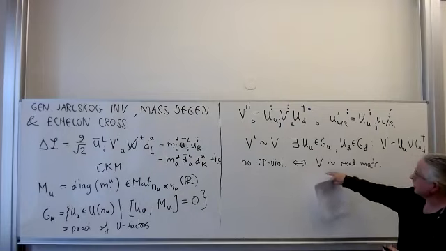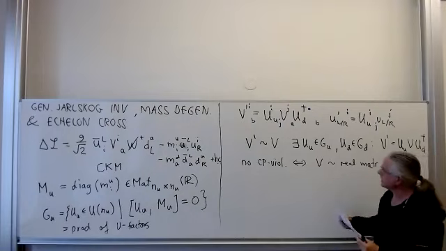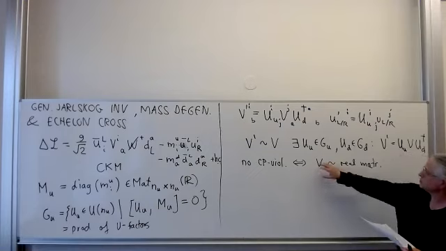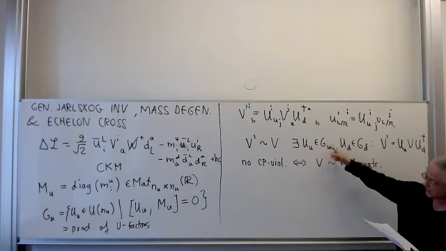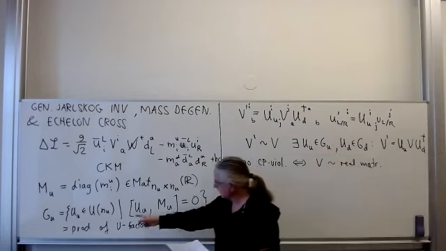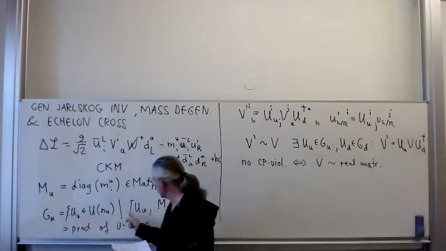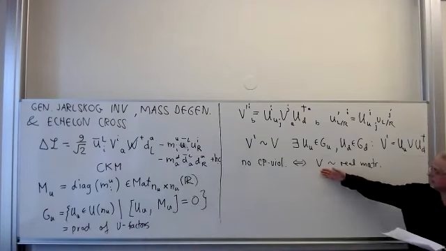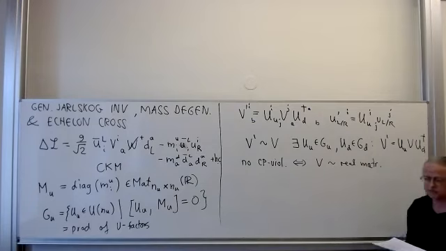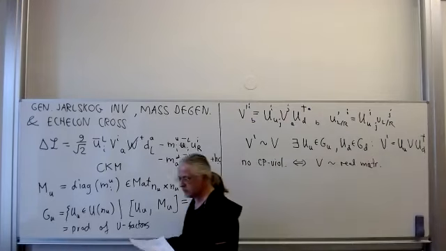And then we will ask the question: is it possible, by the reduced unitary transformations that commute with the mass matrices, to make V real? This will be the question we will try to answer.